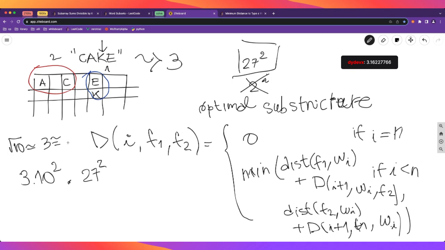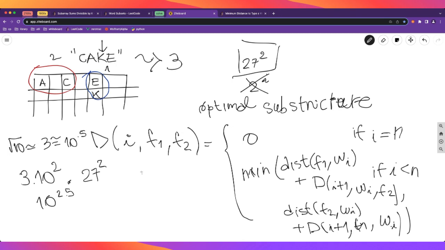The exact value doesn't matter. The square root of 10 is the same as 10 to the 0.5. When you multiply the numbers, the multiplications become additions. So this is 10 to the 2.5.